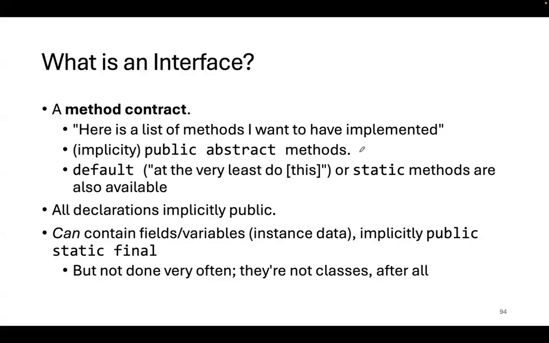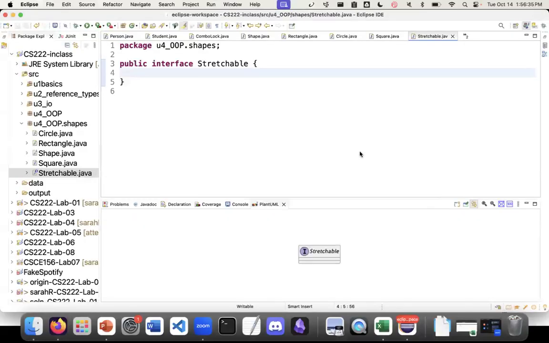So implicitly, the methods that we're going to give them are all public and abstract. If I want my method to be stretch, I can leave out the public abstract and just say the method. The return type is void because I just want you to do it.